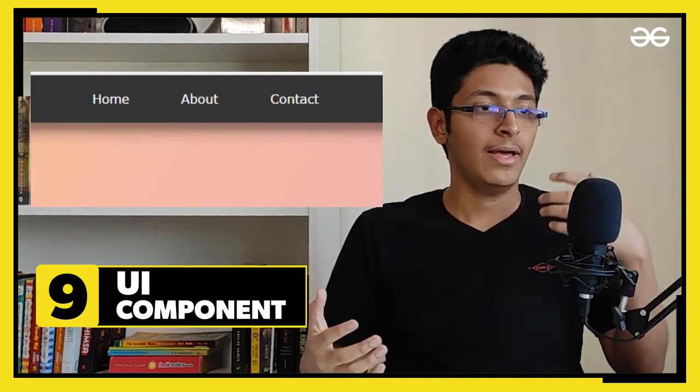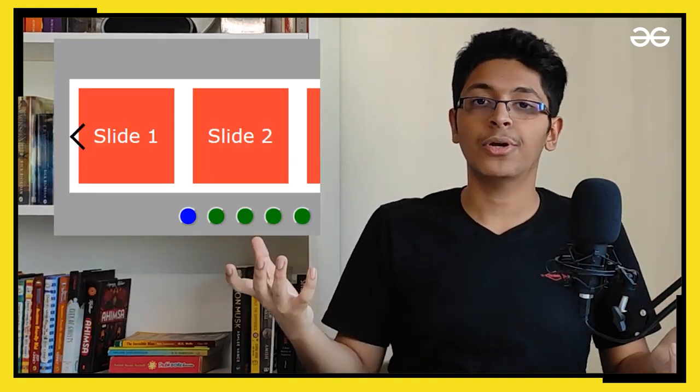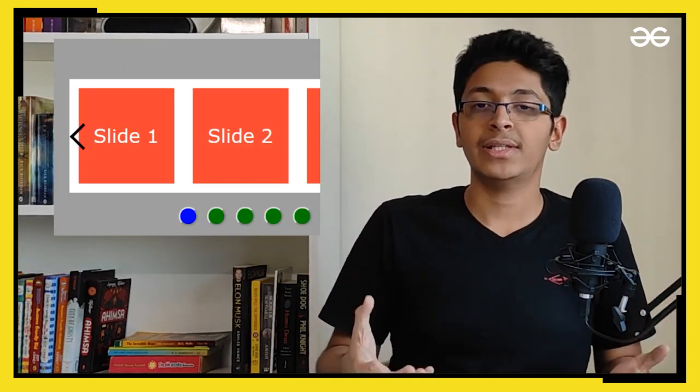And now the 9th project can be to build some sort of a UI component, right? So all of the components that you normally use, like a nav bar, like a carousel, an image slider, you can try to build those using simple vanilla JavaScript. Okay, so try to build those, try to use some CSS as well, try to see if you can make some interactivity.